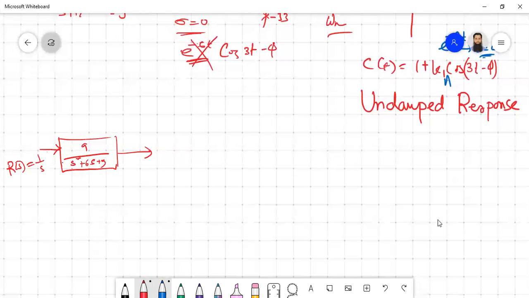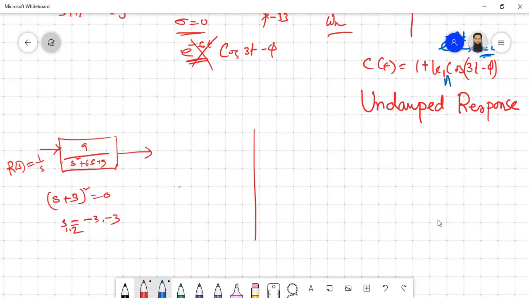Both of them are real and they're repeated. So basically (s plus 3) whole square equal to 0. So s will be, both of them, minus 3, minus 3. So in terms of the S-plane, you have both in the same location over here, minus 3.